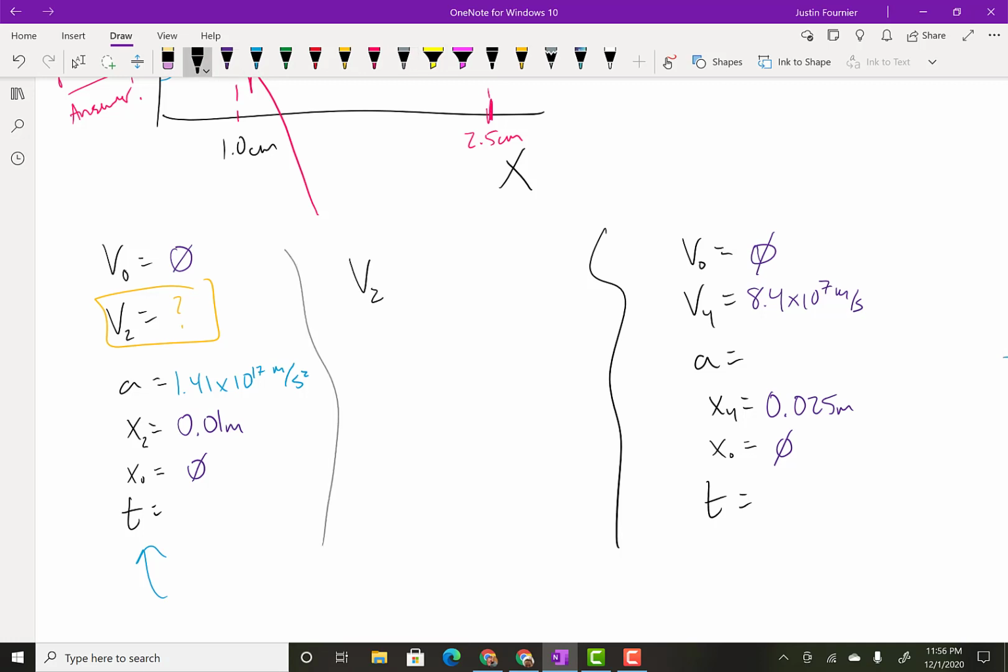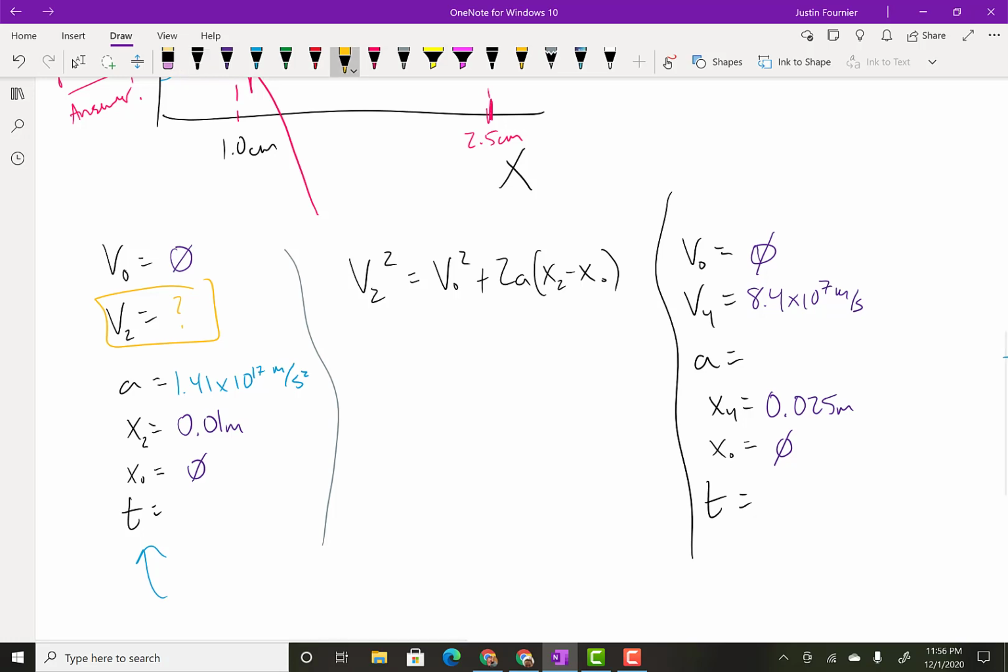So now I'm going to do v2 squared equals v naught squared plus 2a times x2 minus x naught. Again, initial velocity is 0. Initial position is 0.